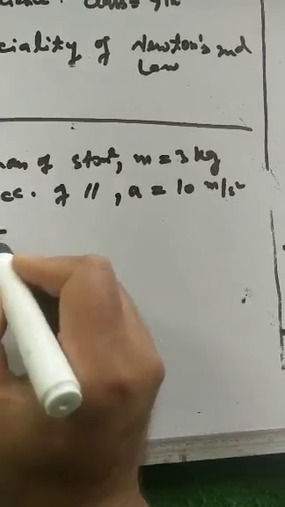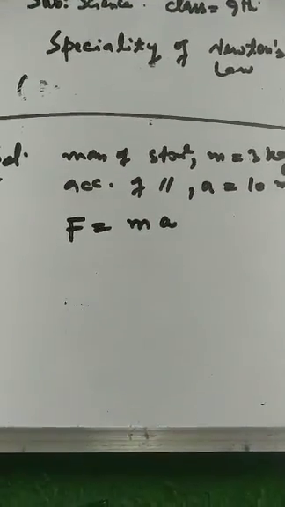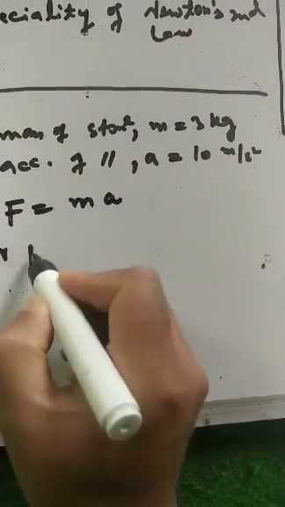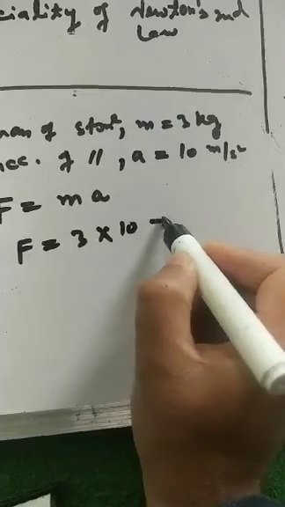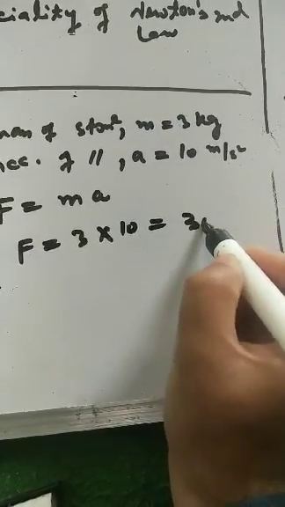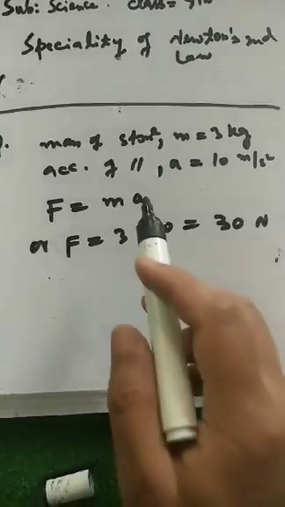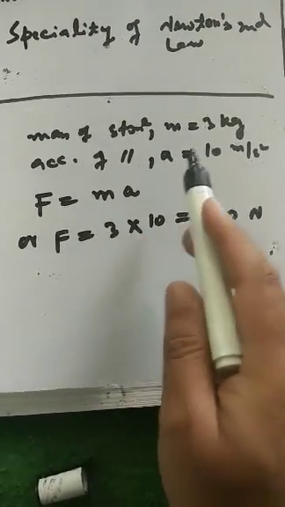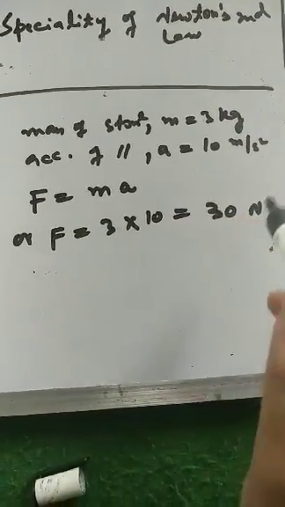Using the second law of motion, that is F is equal to ma, the mathematical form of the second law of motion. What is m, that is 3, what is a, that is 10, 3 into 10, okay, 30 Newton. Hence 30 Newton force is needed to produce an acceleration of 10 meter per second square on a stone of mass 3 kilogram.